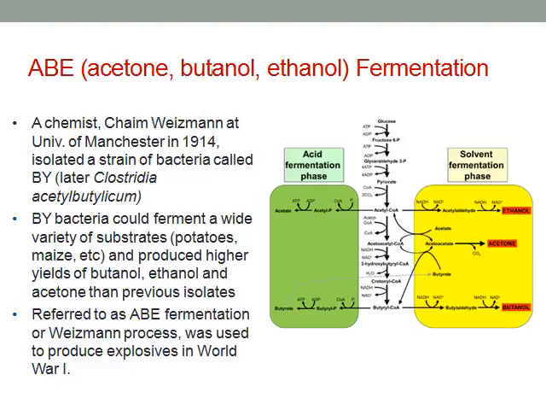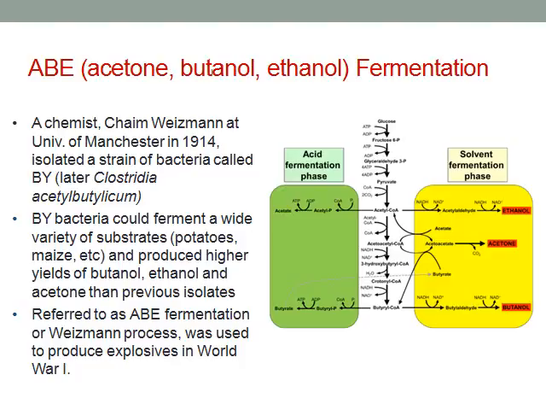This slide shows how simple organic compounds, acetone, butanol, and ethanol, can be produced using the biologic approach in what is called the ABE fermentation. This was a process that was discovered in 1914.